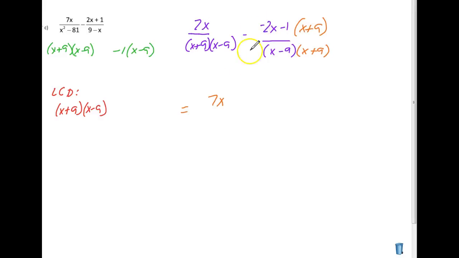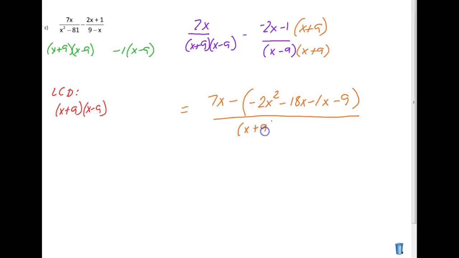Okay, and don't forget I'm subtracting it, so I have to subtract the whole thing. So I have a negative 2x squared and a minus 18x and a minus 1x and a minus 9. Okay, and that is all over my common denominator of x plus 9 and x minus 9.